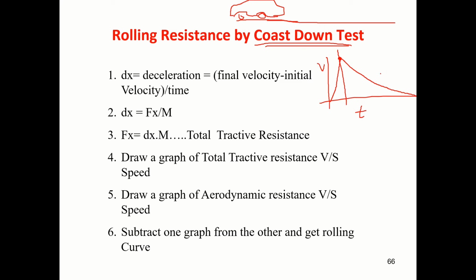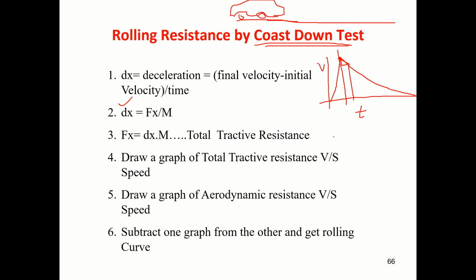Now what you do is take a small short time. What is the deceleration value you measure? So deceleration, let us say dx double dot. Correct. Deceleration we can measure. Mass of the vehicle we know. So Fx, total resistance we can measure.